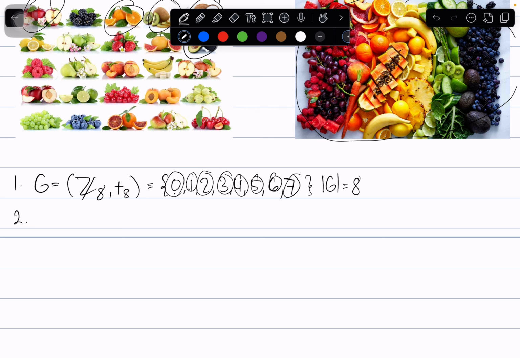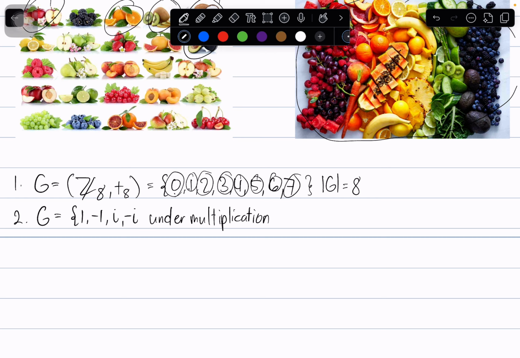So, now, let's say this one. G is equal to 1, negative 1, i, negative i, under multiplication. To find the order of this group, we will simply count how many elements there are in this group.